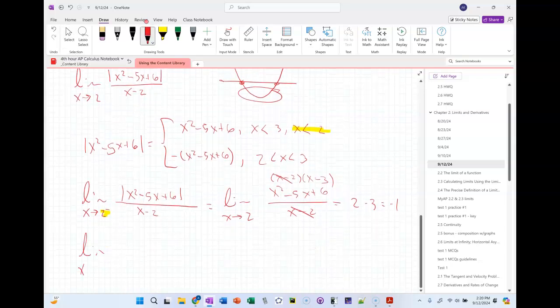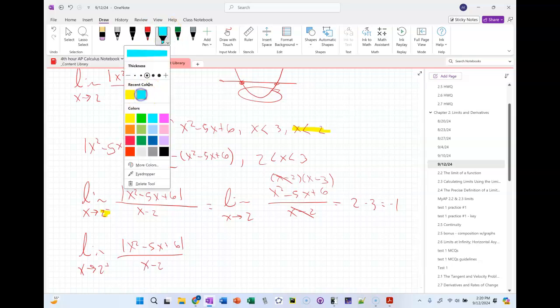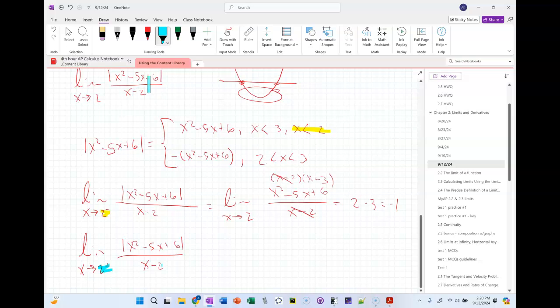When I look at the other side, that's now looking at this piece.